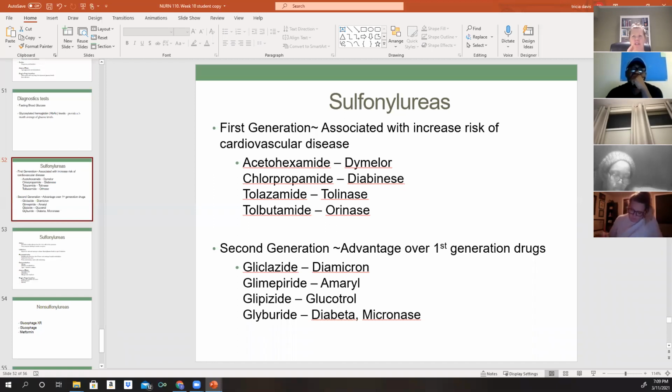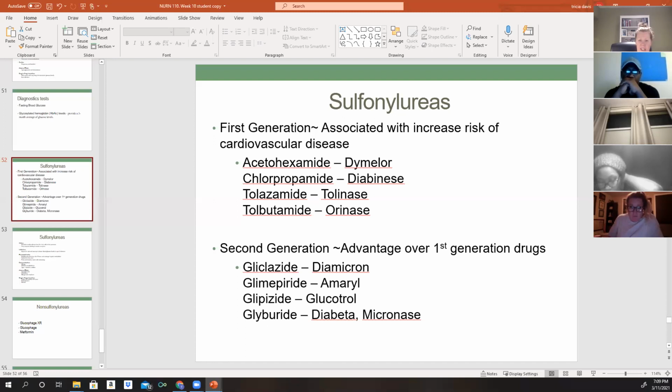Sometimes you have patients who are very hard to manage, and these first generations sometimes work for them, but we don't use them anymore because they are associated with an increased risk of cardiovascular disease. So whenever you have a patient that has diabetes and you're giving them a medication, you always want them to have a cardioprotective medication because you don't want to cause any cardiac issues. They already have enough going on.